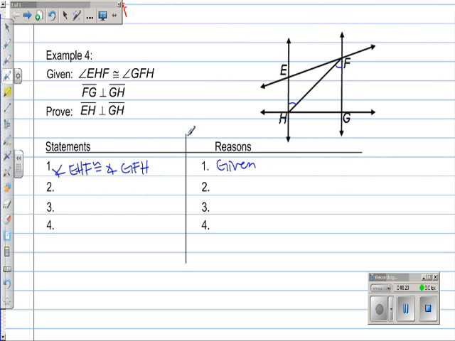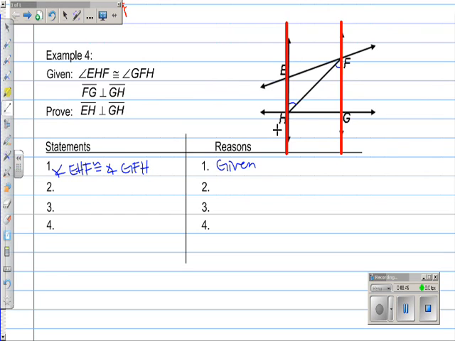At this point it's hard for us to tell what that's talking about, so what I would do is highlight or color your parallel lines so we can see them on those two angles. Line EH and line FG are your parallel lines. Again, you can always extend the lines.